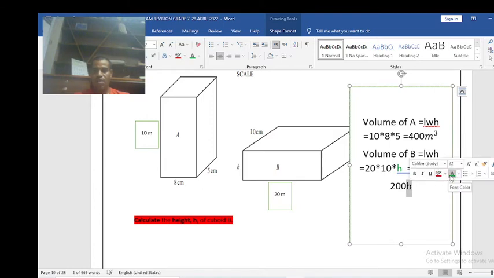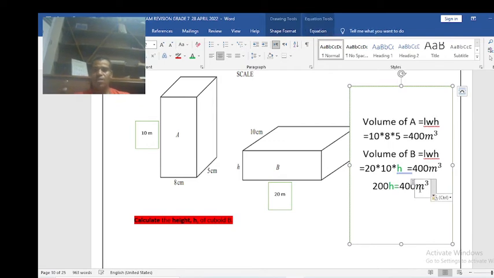To find H now, you should divide both sides by what? By 200. Now just dividing.